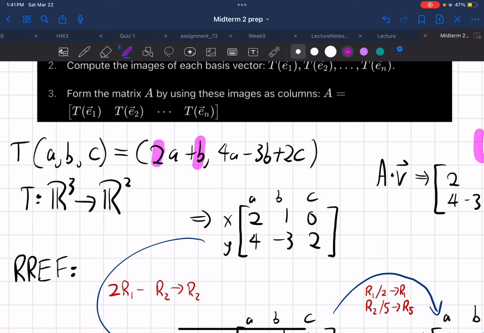When we send in (1, 0, 0), we get out a 2 and a 4 in the first and second component, which we can think of as the x and y axis. When we send in (0, 1, 0), we get out a 1 and a negative 3. And lastly, we don't have a c in this component and we have a 2 in this component, so we'd get a 0 and a 2 back.